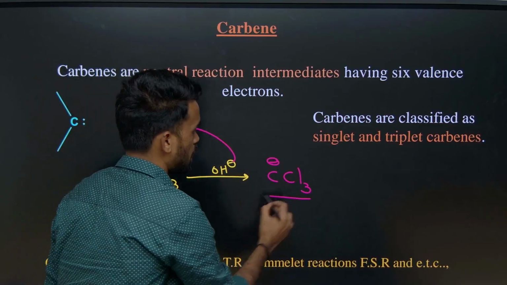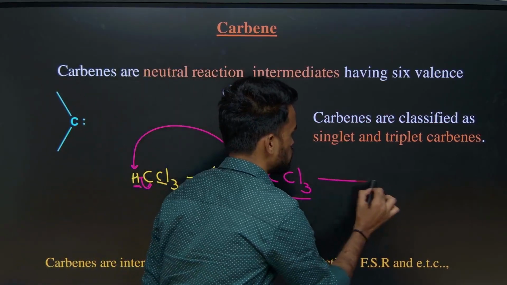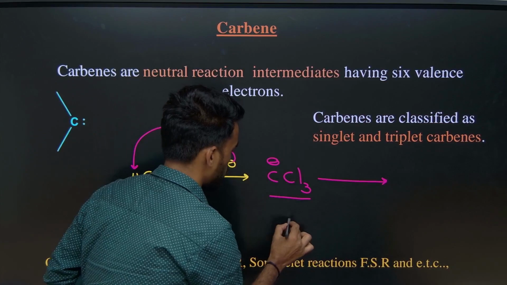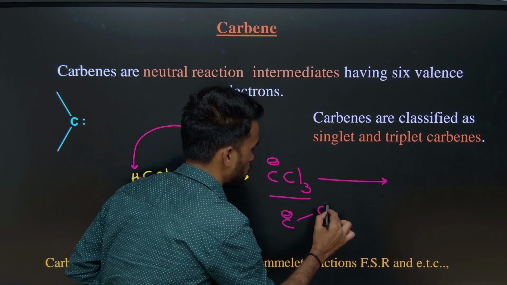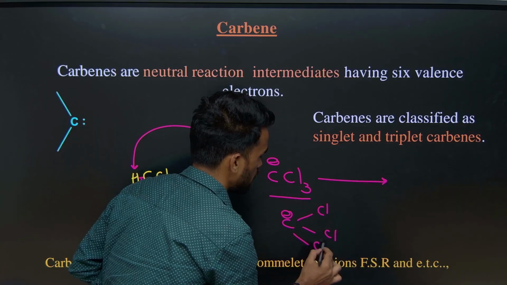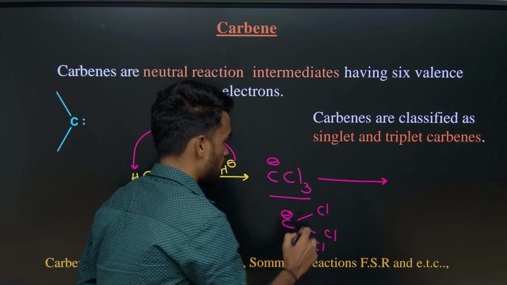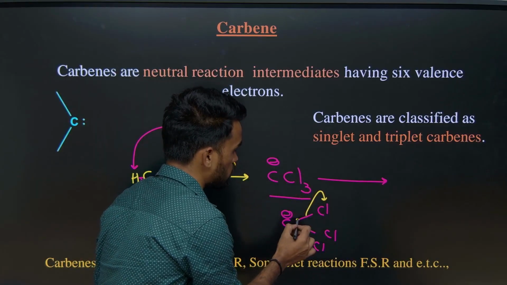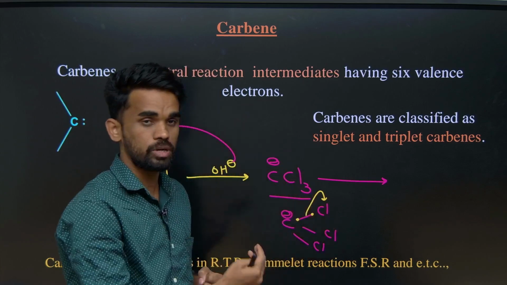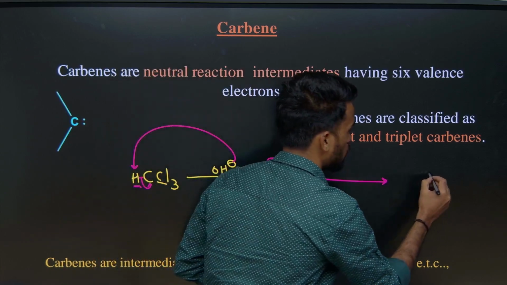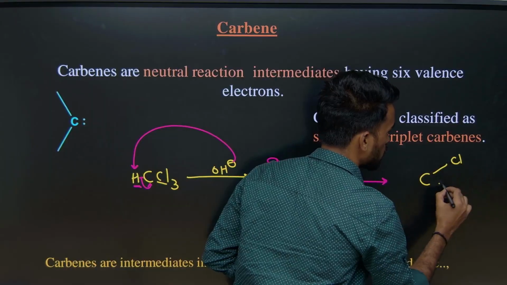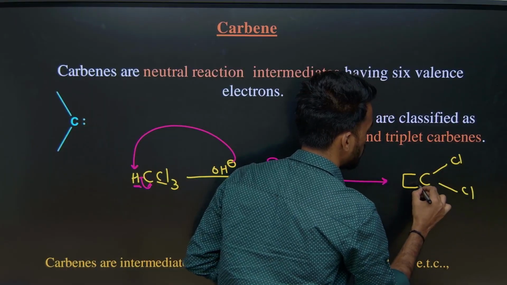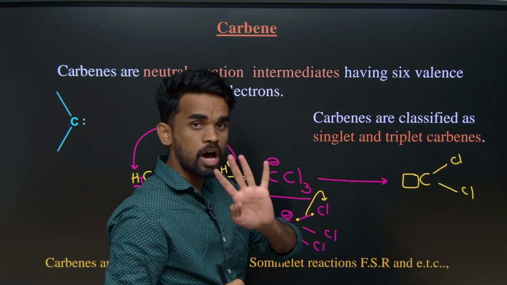Now this carbon carries a negative charge, and the carbon is small in size with 3 chlorine atoms. Chlorine is a good leaving group, and while leaving it takes the bonded electrons with itself because it is electronegative. Therefore we get carbon with chlorine, and around the carbon we know 4 orbitals are there.